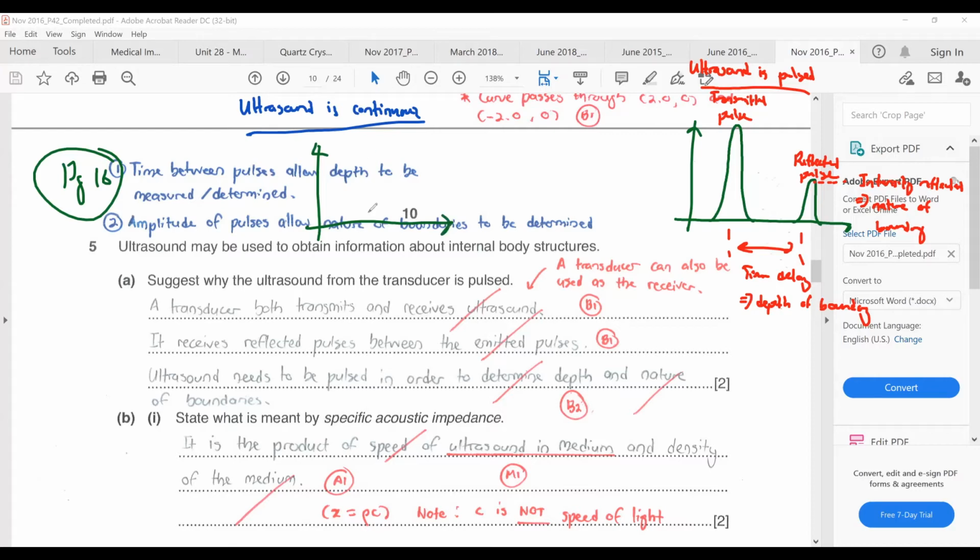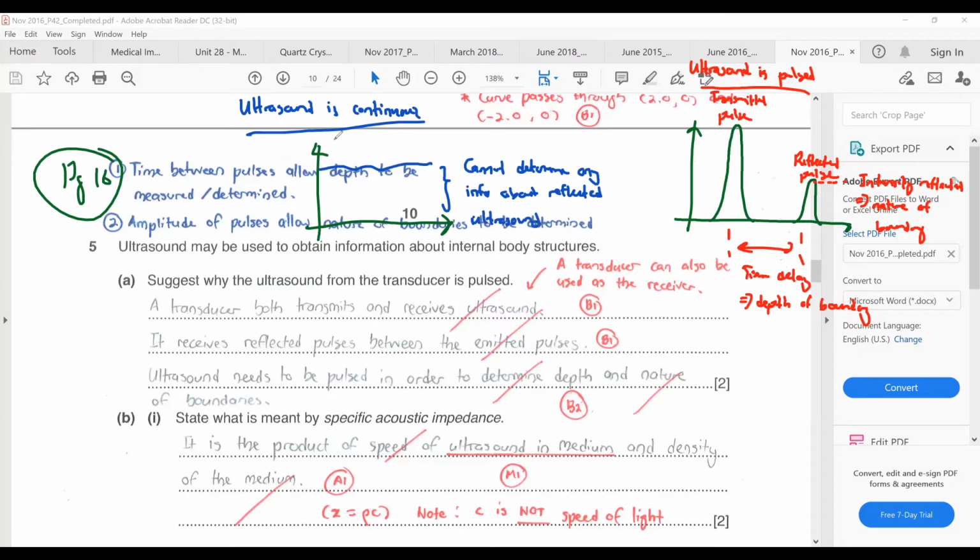Your graph will just look continuous like this, right? It's just a continuous line. You cannot determine any info about the reflected ultrasound.